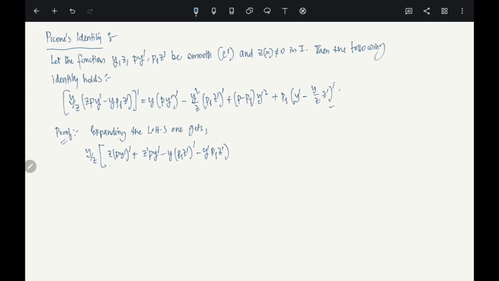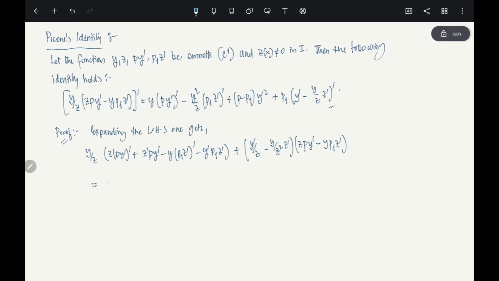This is what we are getting, plus y prime by z minus y by z square z prime, z p y prime minus y p1 z prime. This is what we are going to get when we expand it, right?